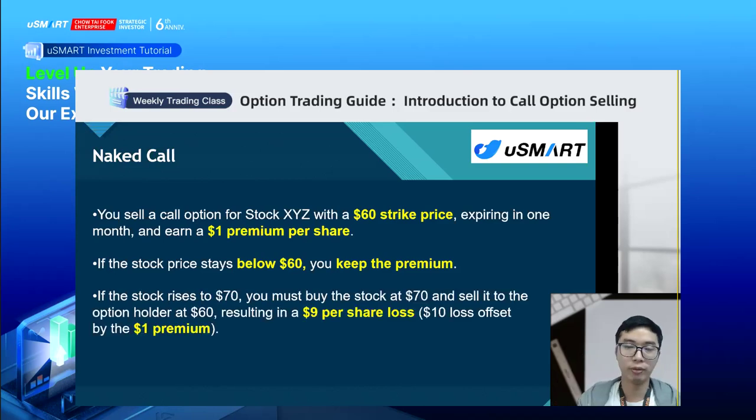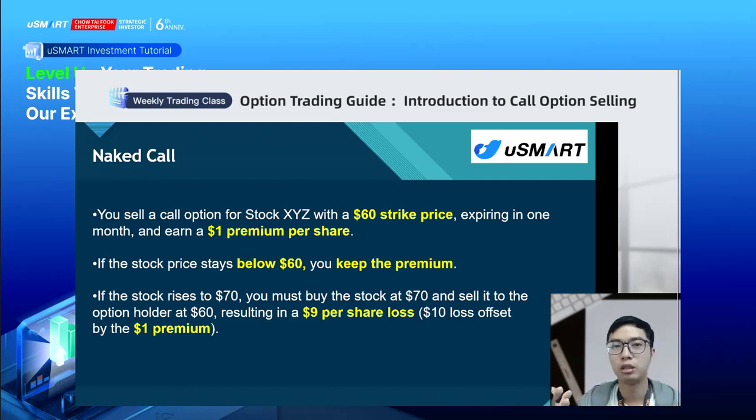However, if the strike price is 60 and the price went up to 70, then how much do you lose? Actually, we lose $10 per share, right? And one contract is 100 shares. So 10 times 100, you lose 1,000. However, still remember that you had received the $1 premium beforehand.